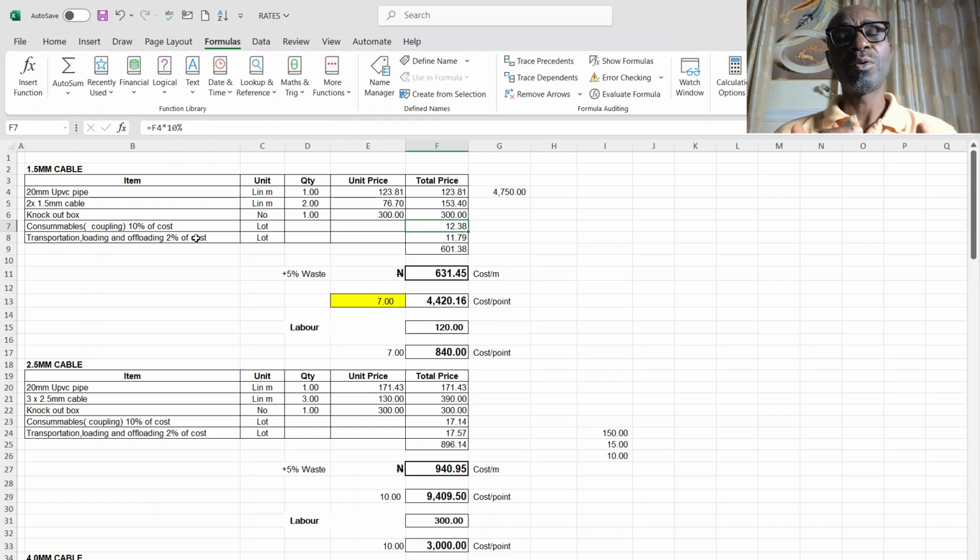Why am I saying so? Say I have built a duplex and the cost for the couplings, the bushes, and all of those items is a certain amount, and the cost of the whole pipes I used to pipe that building is a certain amount.